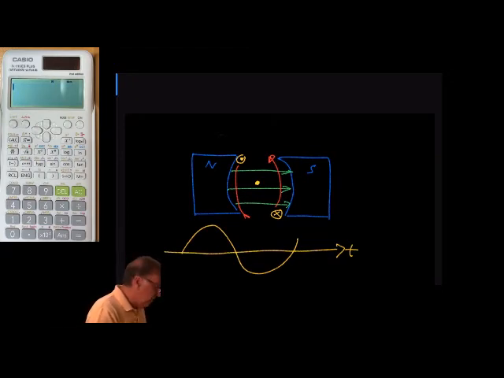The minimum occurs when the coil is across the field. So we could draw that here. At this point, this would be our minimum. Also here. And then at the end of the 360-degree cycle, we're back to here again.